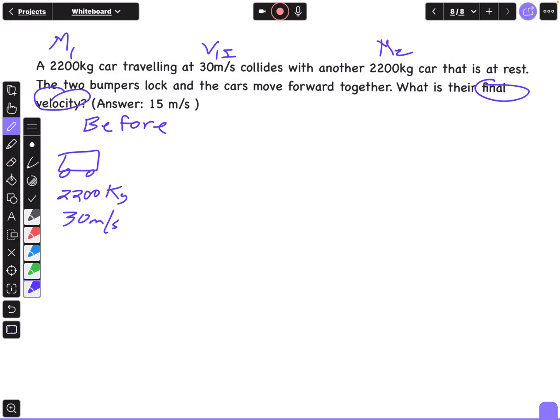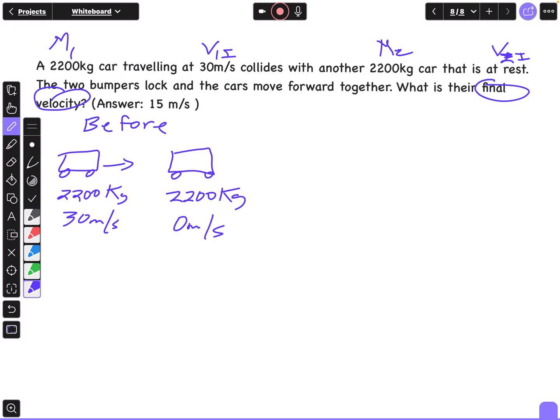And then it collides with another car that weighs the same amount. So my M2 is 2,200 kilograms. Its initial velocity is 0 meters per second because it's at rest. So I'm considering rest to be my V2I, the initial velocity of the second object.